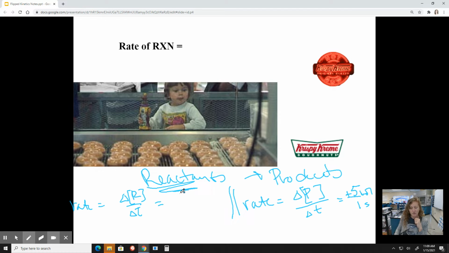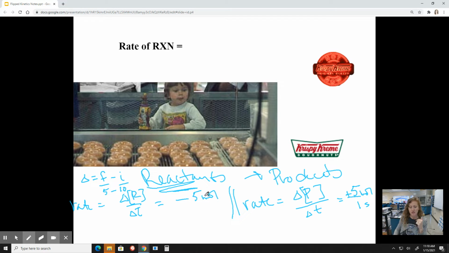So what if 5 reactants are being used every second? Well, then our rate would be, if the change is going to be defined as final minus initial, right? If we have less in the end than we do in the beginning, then our rate would be negative, right? So let's say we start with 10 moles of our reactant and we end with 5.